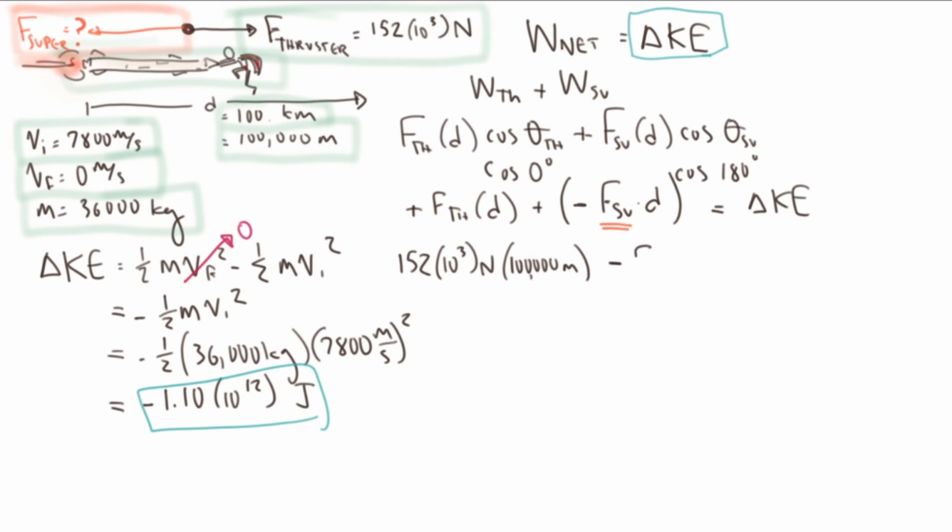That's minus the quantity. We're going to leave this just as an unknown for now. And then we do already have this number. I'll plug it in a second. We'll just leave it as delta KE.